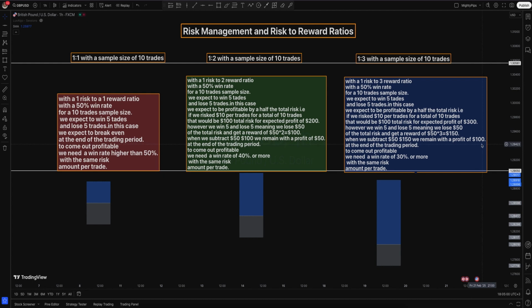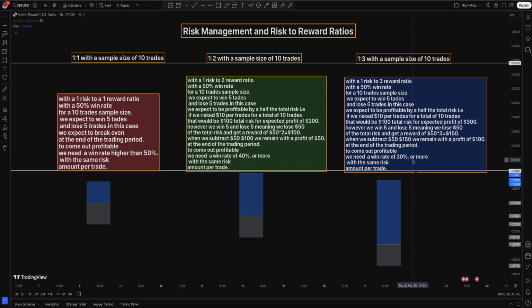You remain with $100, no matter whether your strategy has had a 50% win rate. Okay, you will always make money if your reward is 3 times more. Now here with this 1 to 3 risk to reward ratio, you don't even need to win 40% of the trades. You only need to win 30% of the trades to be profitable with this strategy.